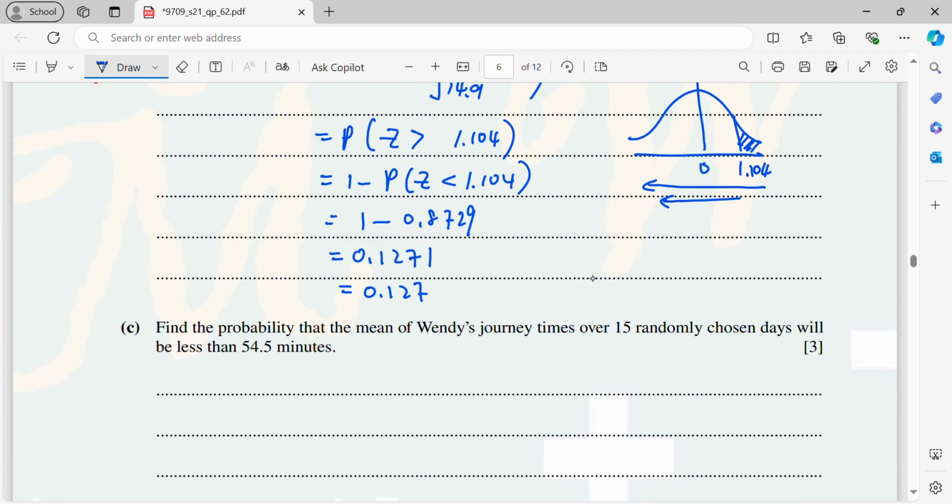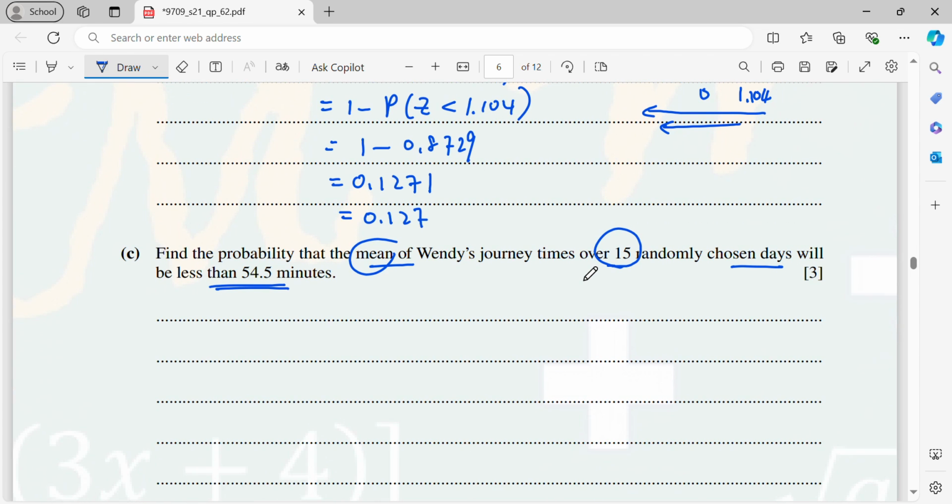Now find the probability that the mean of journeys over 15 chosen days will be less than 54.5. Now it is the mean journey time. Okay, so it means that now for the mean of the total time, that is the same distribution, but the variance is instead of 14.9, now you have to divide by 15 days because of the mean.